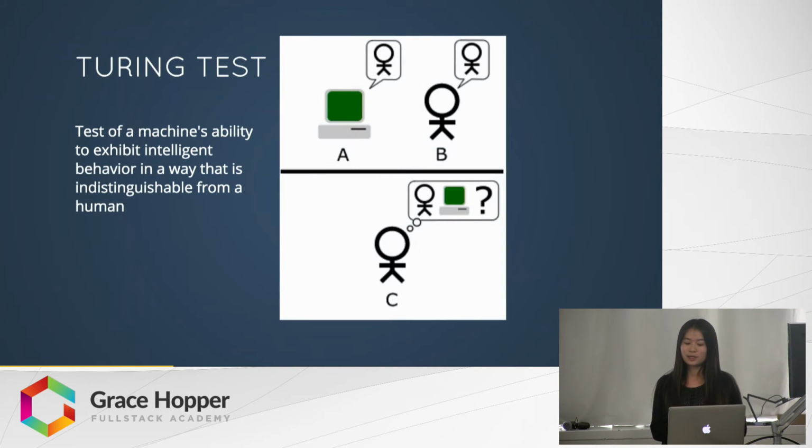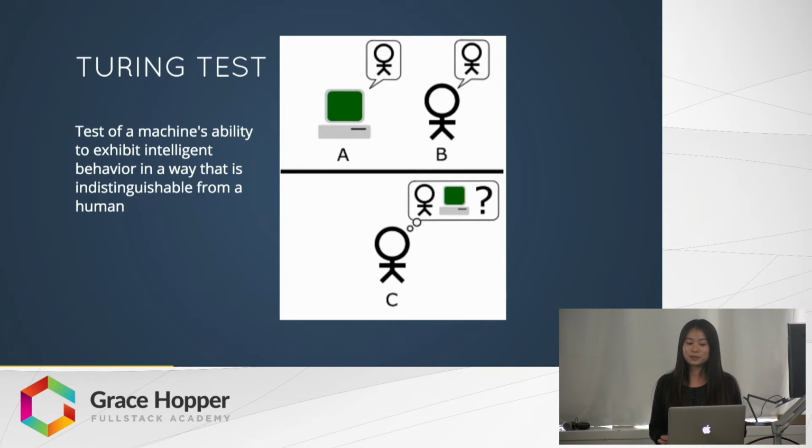It's a test of the machine's ability to exhibit intelligent behavior in a way that is similar to how a human can exhibit behavior. So the computer would be considered intelligent if it passes this test. And if you can see in the diagram, we have player A, and then player B, and then player C, which is the evaluator.